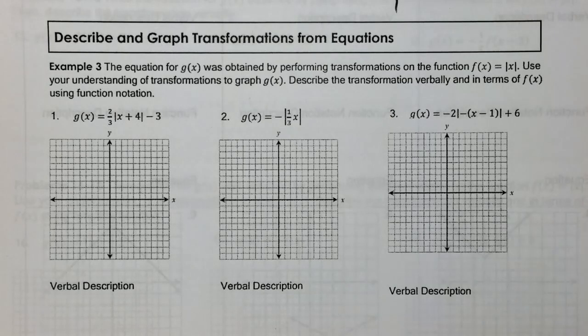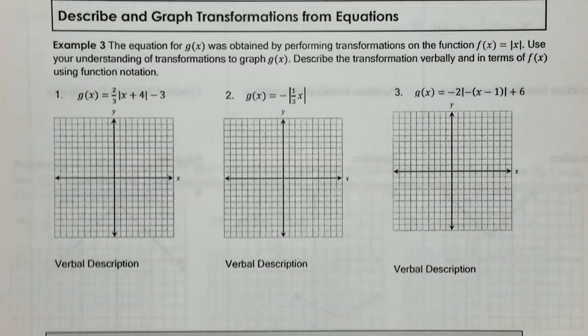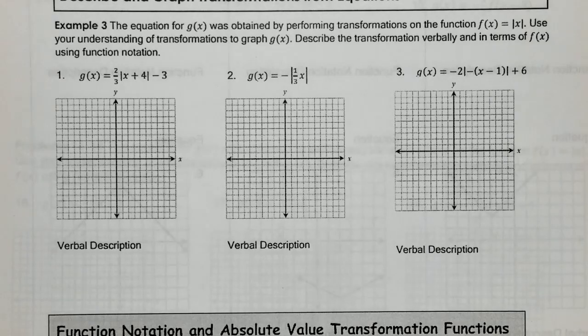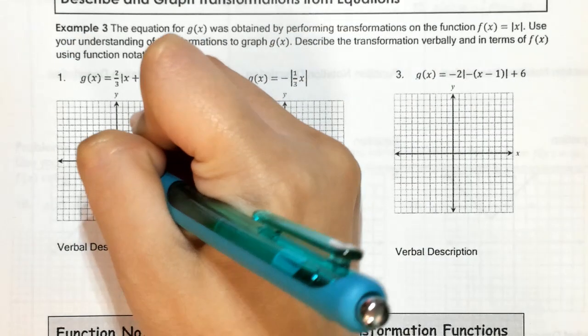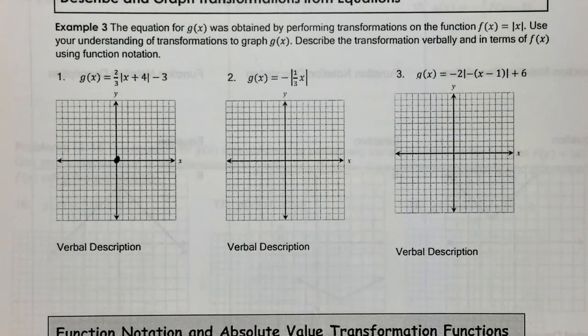So now we're going into describing graph transformations and equations. So first off, we're going to graph it, and then we are going to see what it looks like and describe my vertical description. So we always start at 0, 0 if we're thinking about my origin.